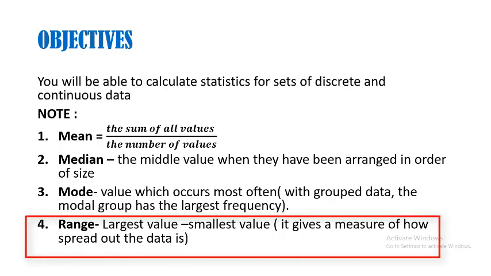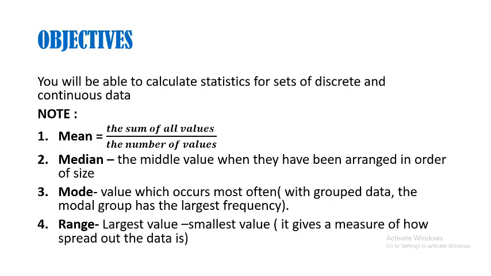Now, how do we find the range? We find the range by subtracting the smallest value from the largest value. So we check the largest value in the given set of data, and then we also identify the smallest value.